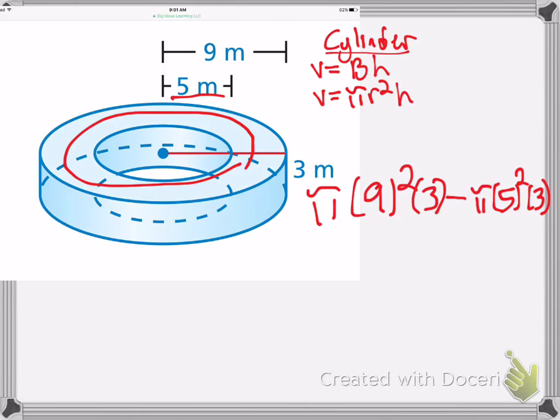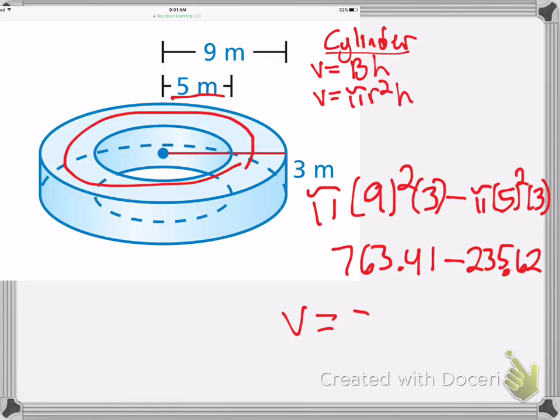Alright. So we get 763.41 minus 235.62, and that gives us a volume of 527.79 meters cubed.